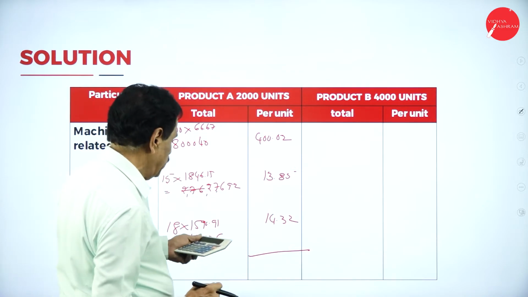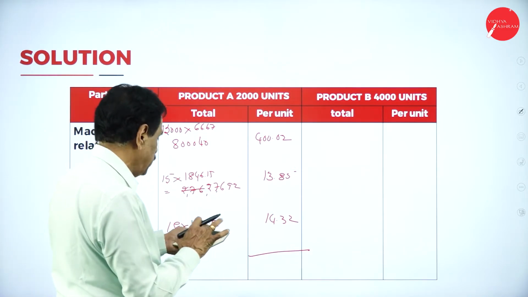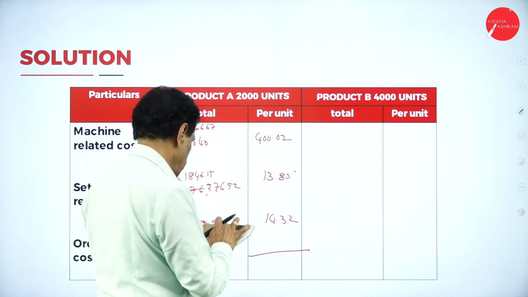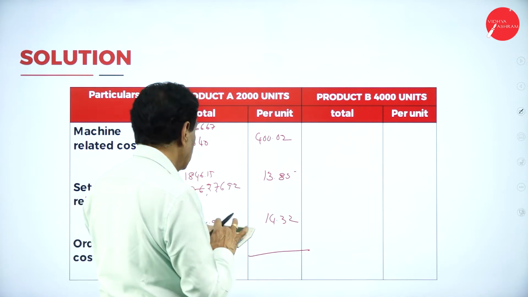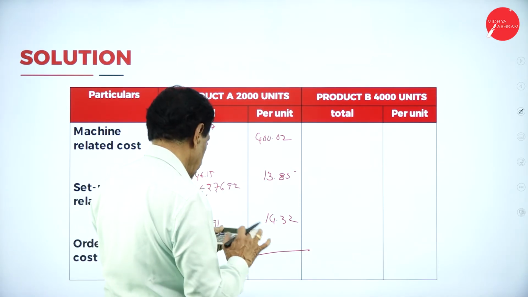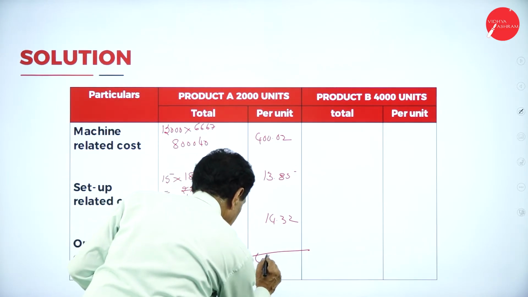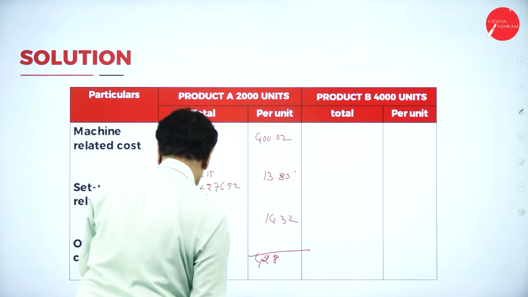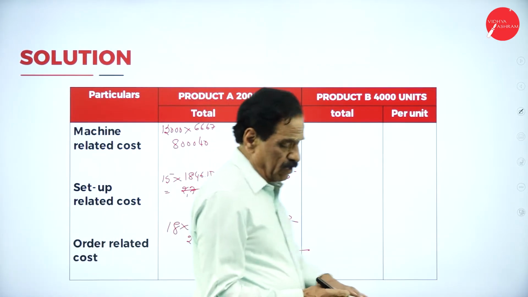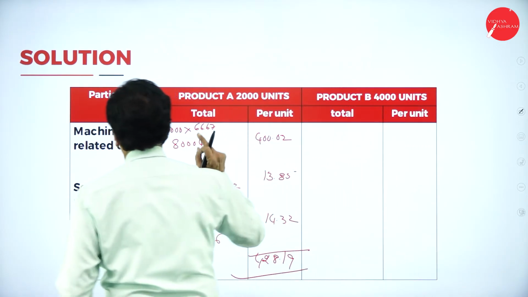So 14.32 plus 13.85 plus 400.02 gives 428.19. This is your cost per unit. So this goes in favor of product A.